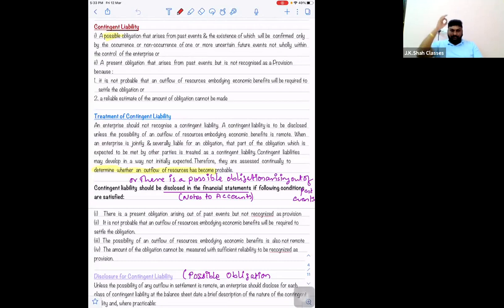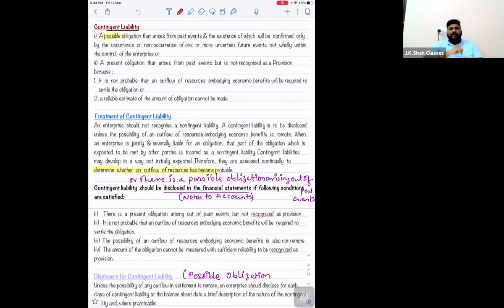There is a present obligation arising out of a past event, and it is probable that to settle the obligation, there will be an outflow of economic resources from the enterprise, and the amount required to settle the obligation can be measured reliably. This is what we learned with respect to provisions.